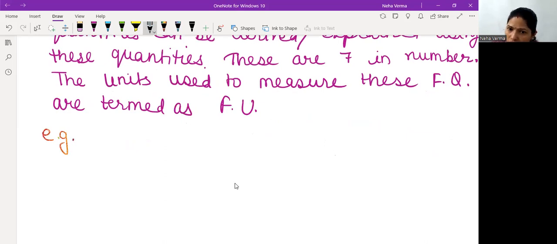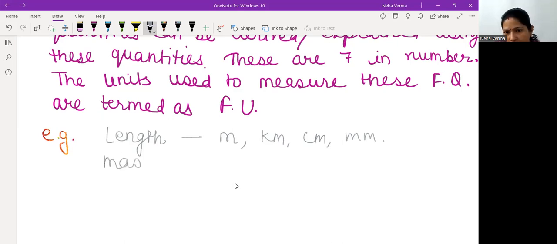Length. Everyone knows in what we measure length? In meter, kilometer, centimeter, millimeter, and so on. In what terms is mass measured? Grams, kilograms, decigrams.